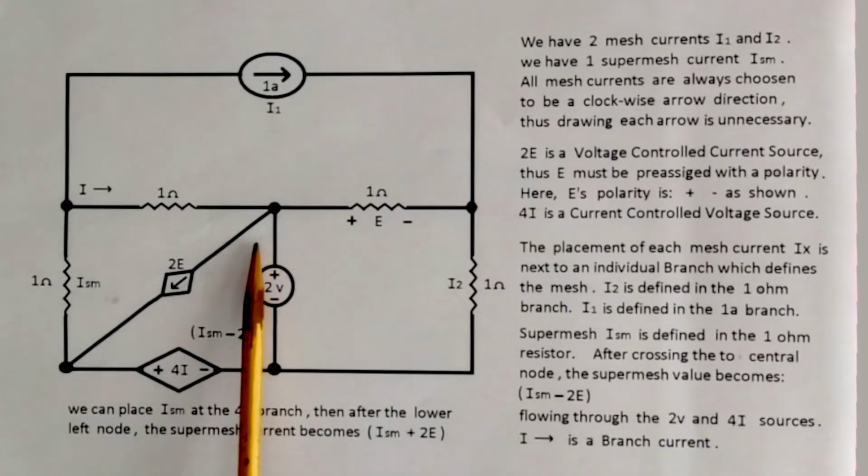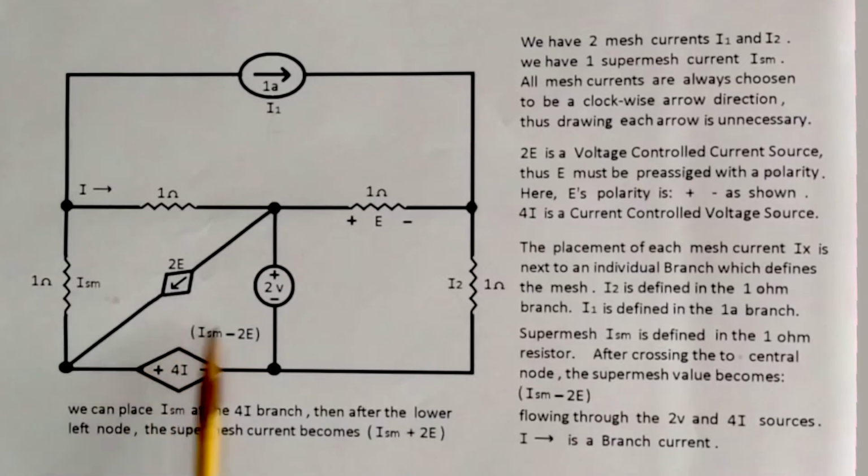And the current for the super mesh and these other branches on the outer right side perimeter is super mesh minus 2E. And as we come back here, the 2E re-adds to this, and we end up back with I sub m, because I sub m minus 2E plus 2E puts us back to I sub m.